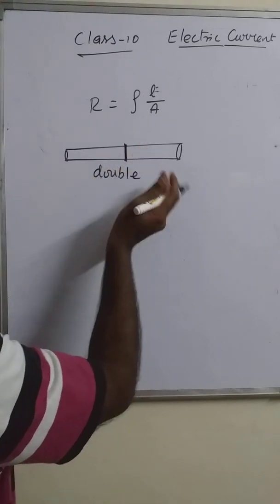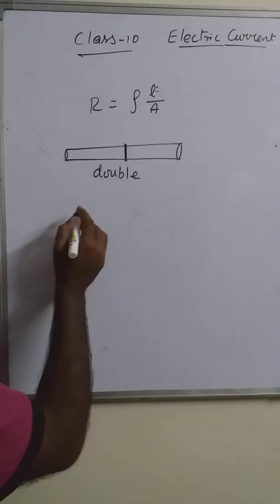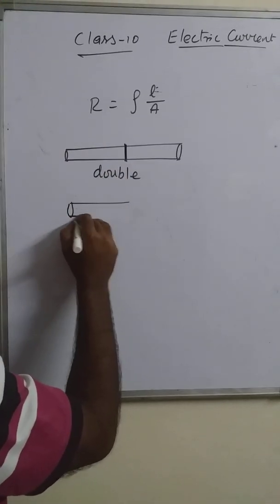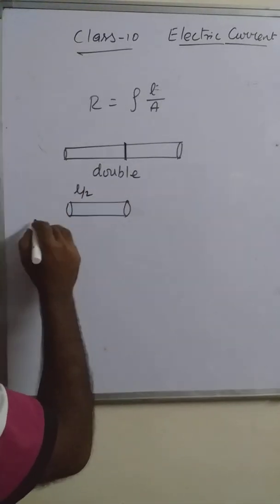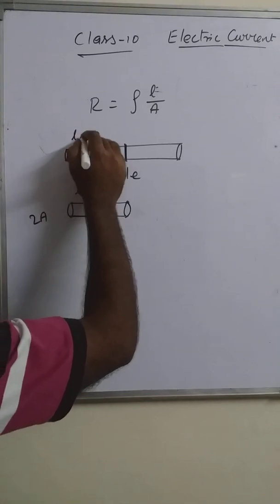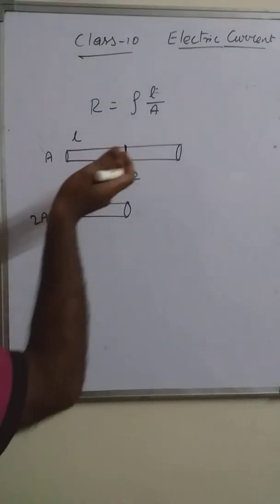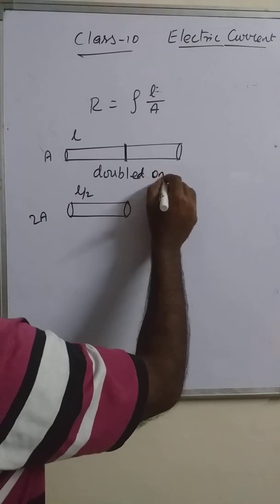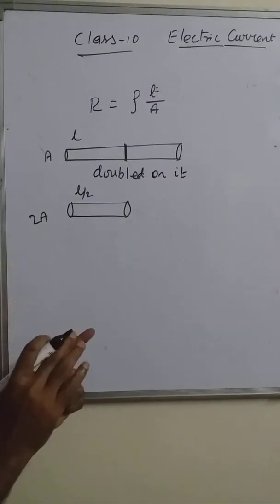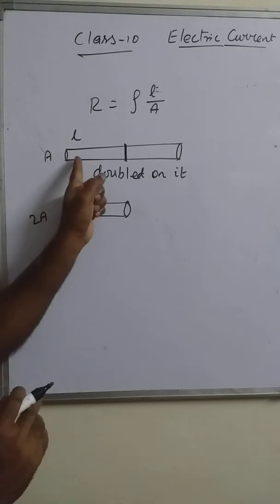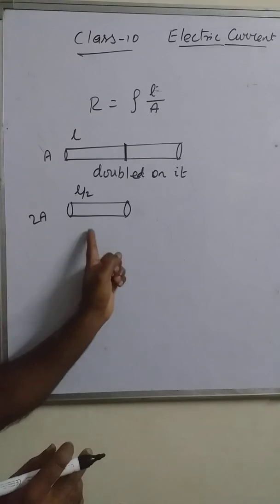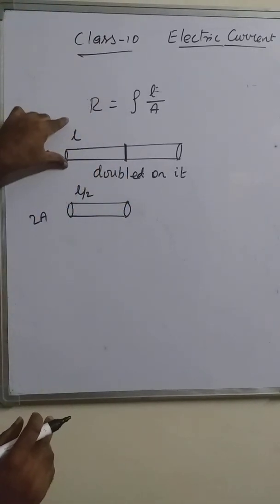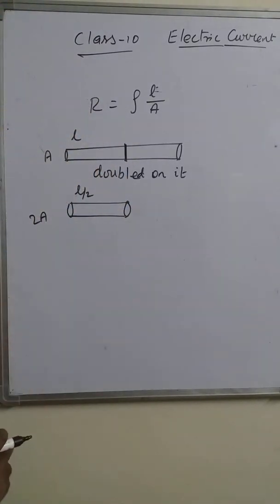From the midpoint, it is folded. So on folding, what will happen to the length? The length becomes half, but area of cross section is doubled. Here we have the length L, area of cross section A. If we double it, from the midpoint it is folded and placed on the other, right? Then on folding the length becomes half, and on placing it on the other, the area of cross section is doubled.